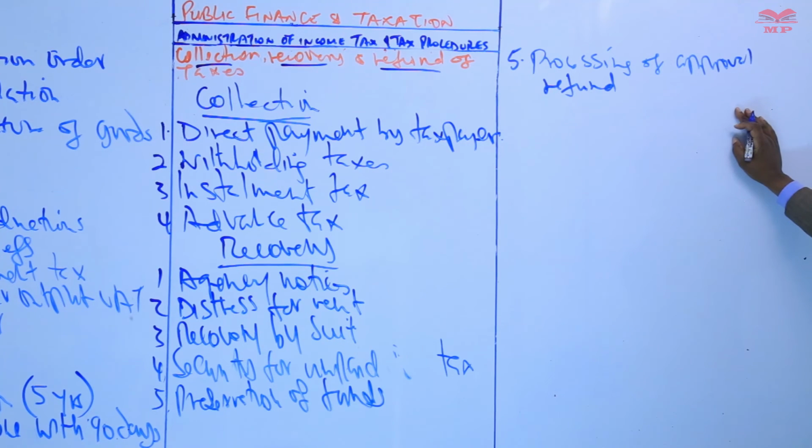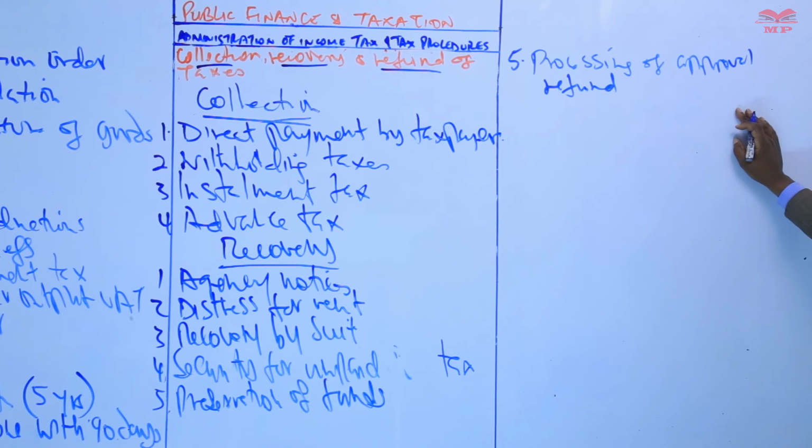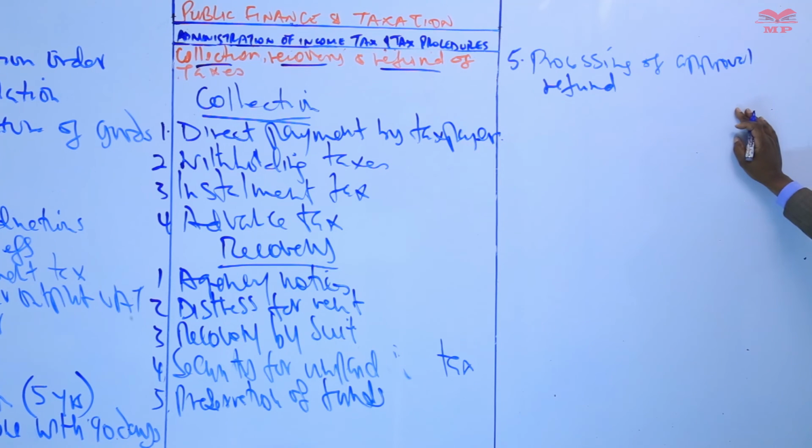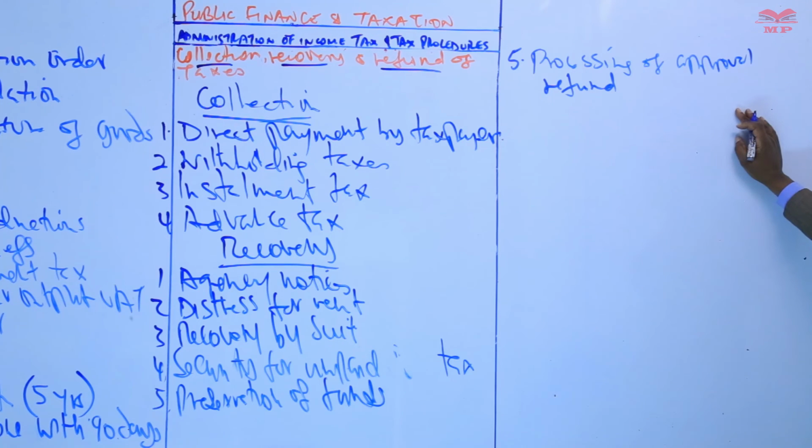If a refund claim is approved, KRA will first apply the overpaid amount to offset any other outstanding tax debt the taxpayer may have under the same tax law or any other tax law.